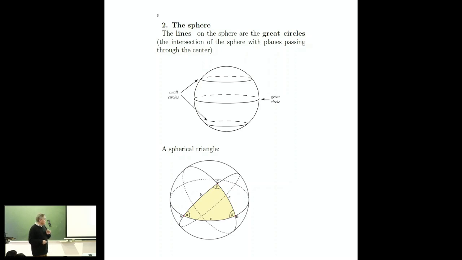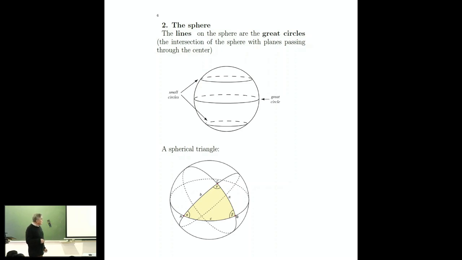To compute the distance between this point and this point, one way is the length of this segment of great circle joining them. In fact, there are two segments, one here and one here, but you must take the shortest one.